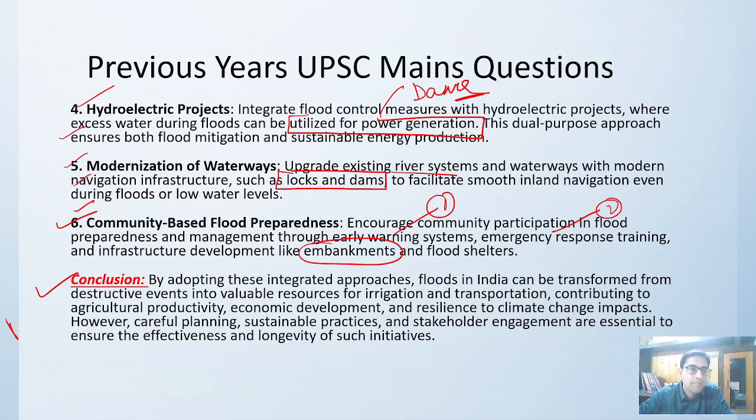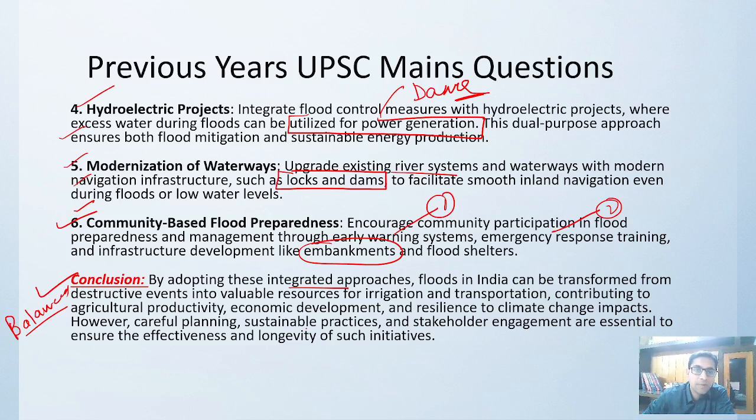Once you have covered all the perspectives and properly highlighted them, you have to give a very balanced conclusion, like: by adopting these integrated approaches, floods in India can be transformed from a destructive force into a valuable resource, through proper transportation channels, and it will help in agricultural productivity, economic growth, and resilience to climate change impact.